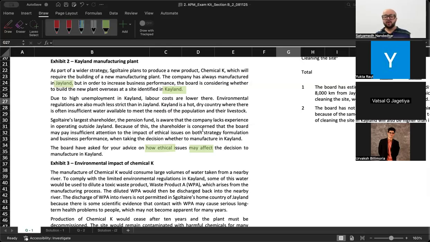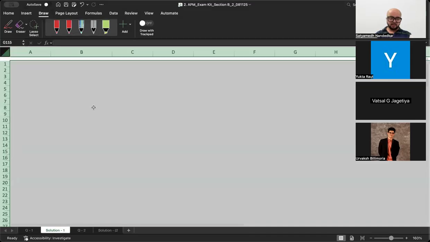Or many employees may want to work for a business with ethical strategies, and it is quite possible that some employees might feel that because this business is not ethically responsible, we don't want to work with the company. So that can also happen. So all of these points will have to be incorporated. How ethical issues may affect the decision to manufacture in Kayland. Okay.